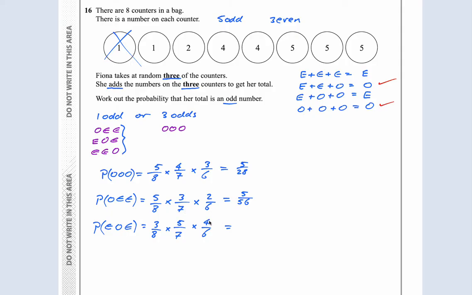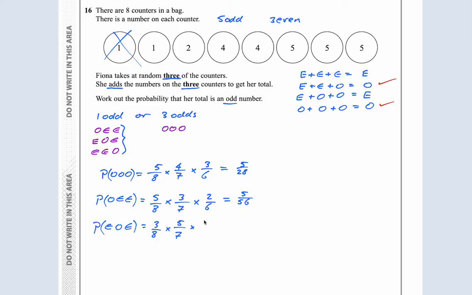Now look, the numerator is 5, 3, 2. The numerator here is, hang on a second, what have I done? Yeah, sorry guys, I made a mistake. Very careful, go back, sorry. It was even, so this was right. Even is 3 over 8 because it's 3 even, total of 8. Odd, this is correct. There's 5 odd out of 7. And now I need another even. I did another odd. So it's even, odd, even.